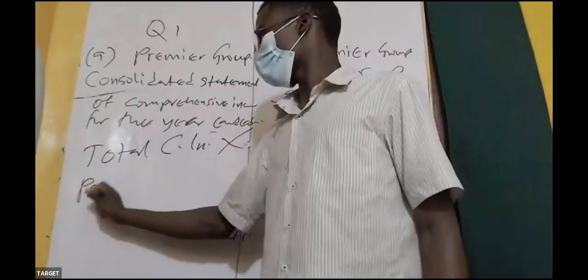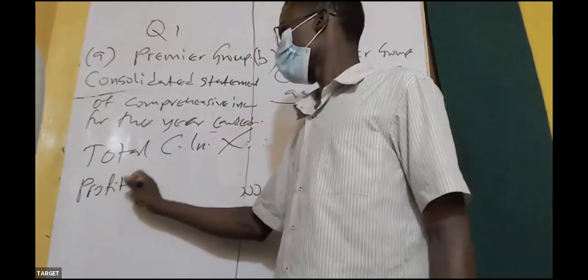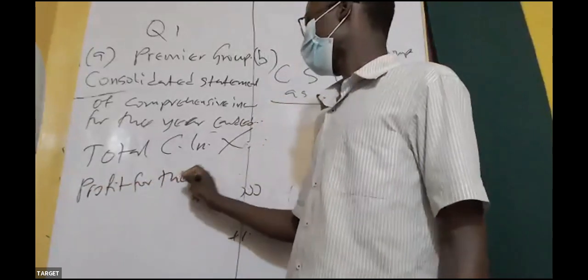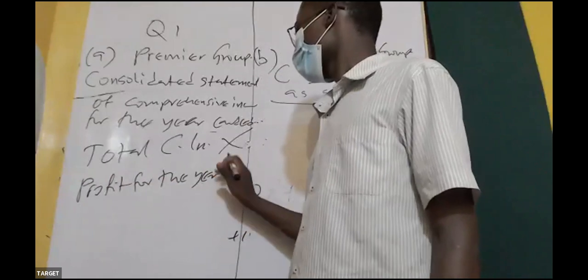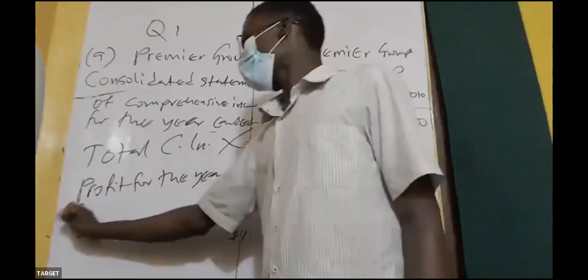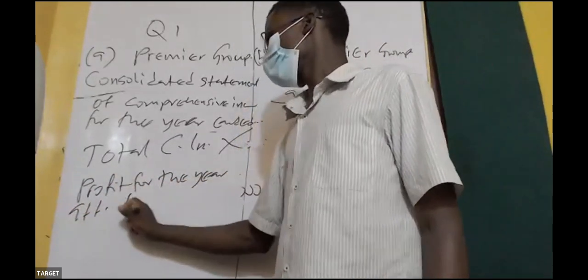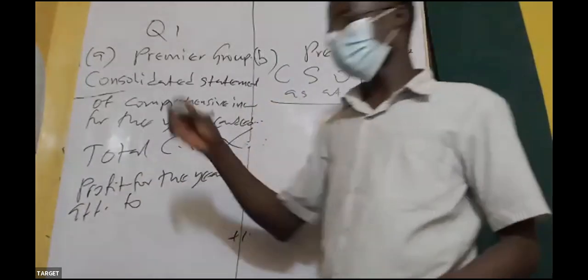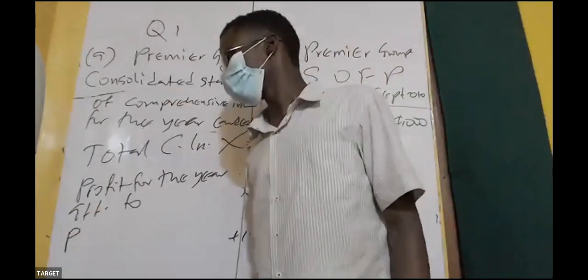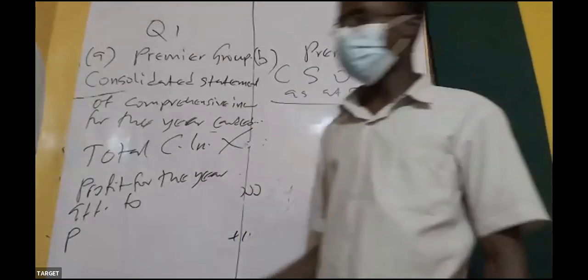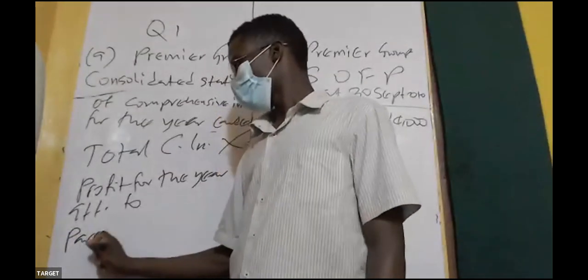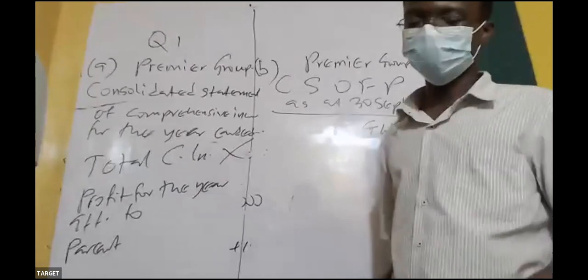So for example, the profit for the year attributable to the owners of the parent. Mention the parent name, that's Premium.